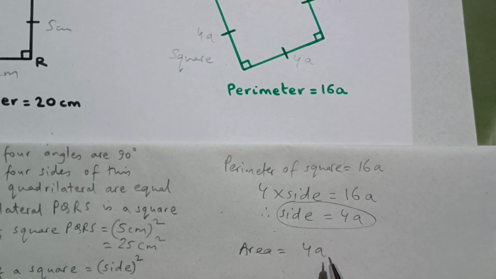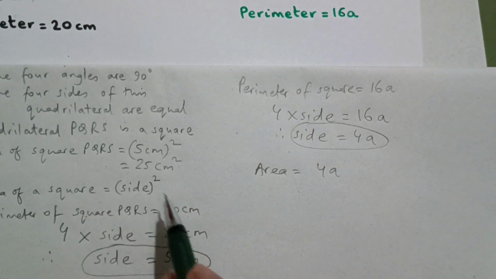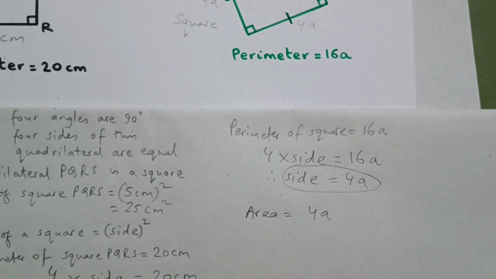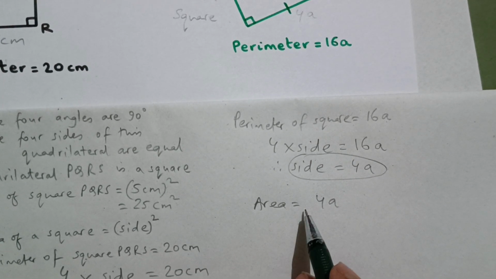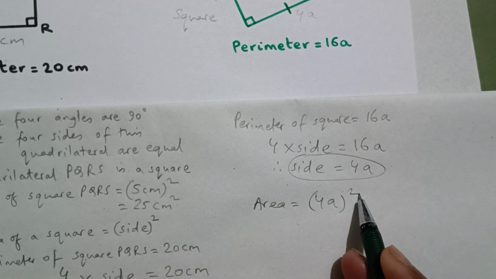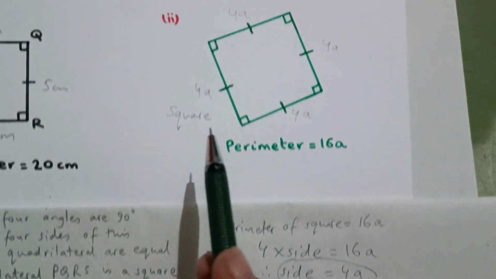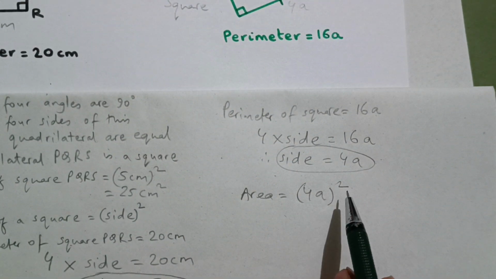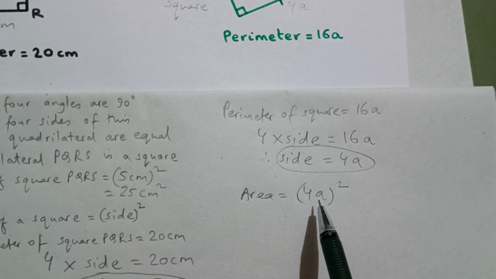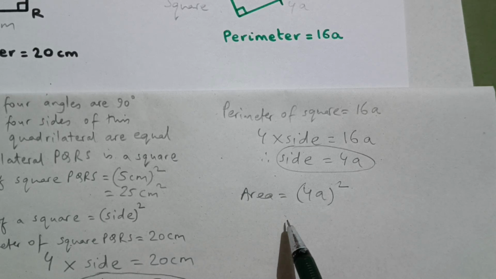And now side is getting squared, so 4a will also be squared. So area of this square is its side whole square. Its side is 4a. So 4a whole square.